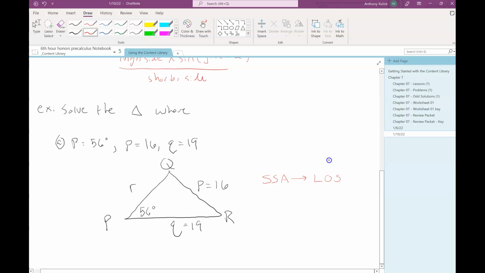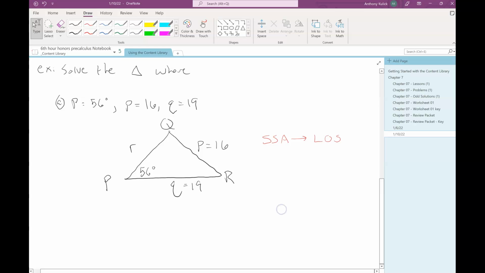But before I can do that, there's some analysis I have to do first to figure out exactly what I'm looking for. So the first thing I do is I look at that given angle. Is that given angle acute, right, or obtuse? Acute.